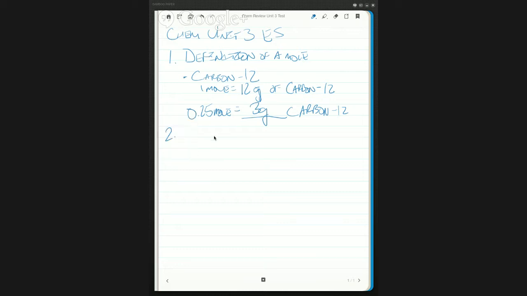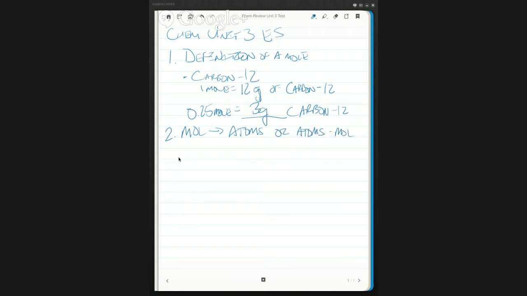The second essential skill is, let me just glance at that because I don't have it memorized. It is the moles to atoms or atoms to moles.